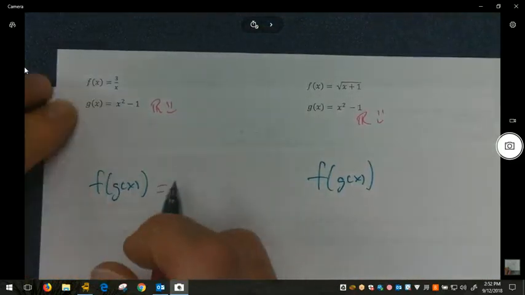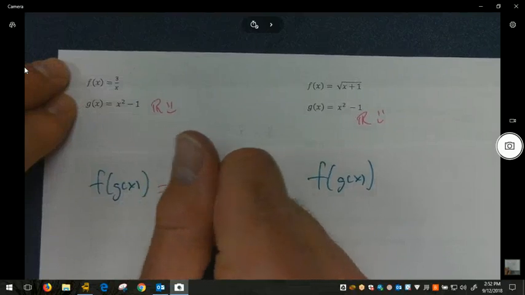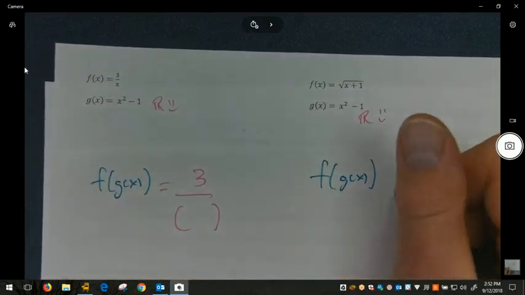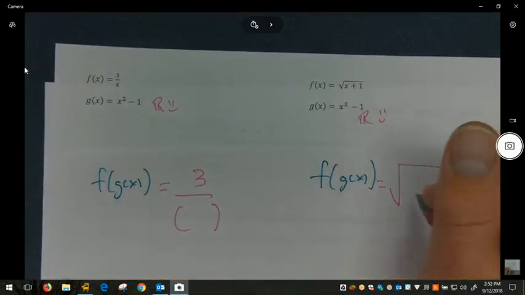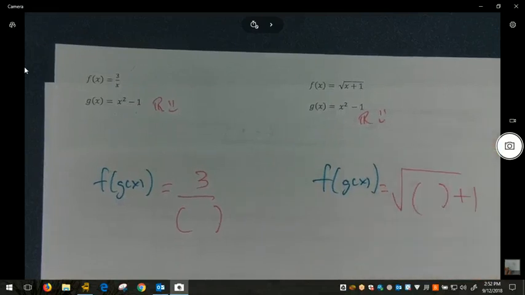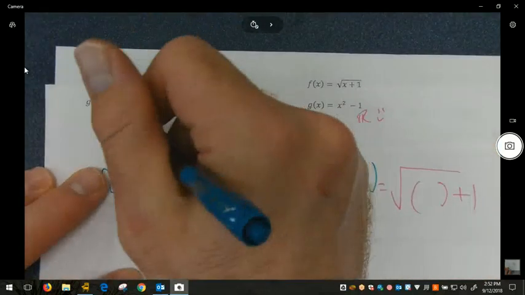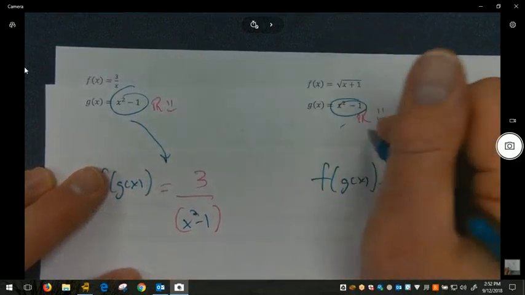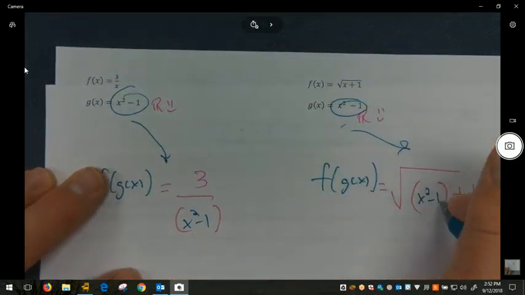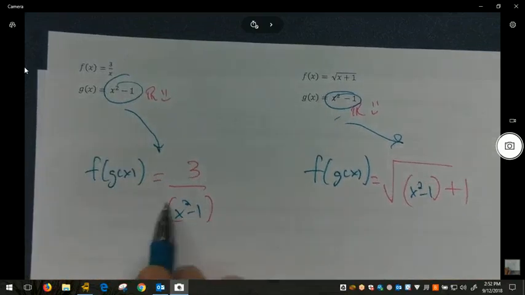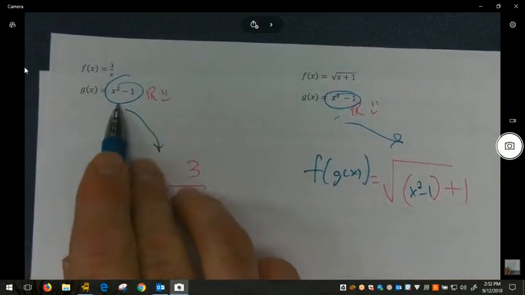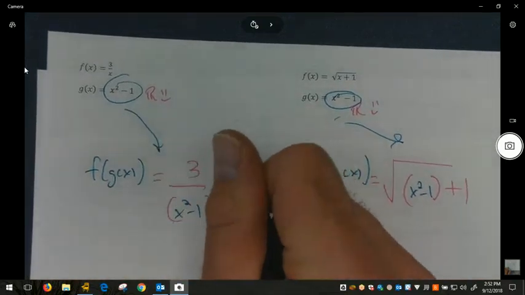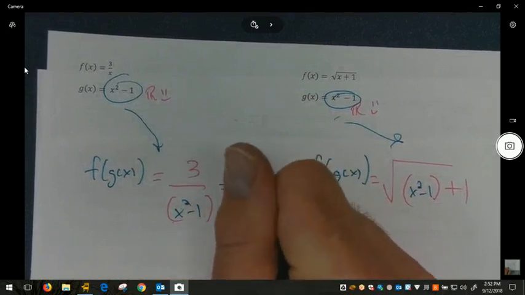All right, so plug this in, we've got 3 over x. For this one, we've got the square root of x plus 1. We're plugging g in. When I'm done here, there were no domain restrictions here, but now I have 3 over x squared minus 1.